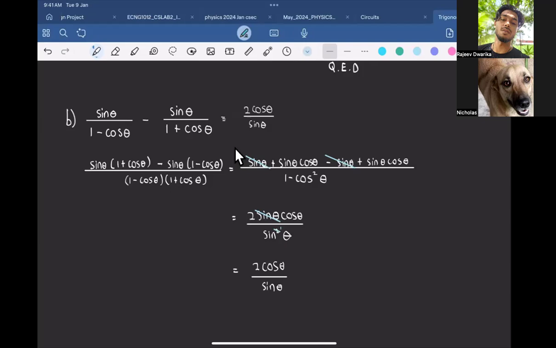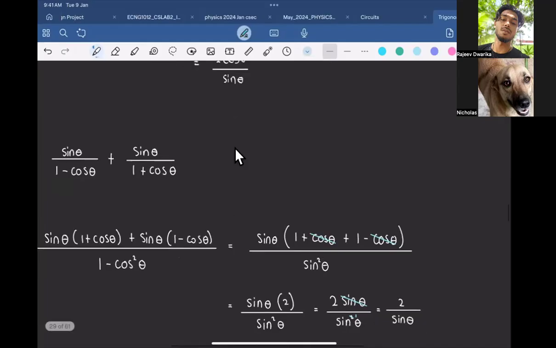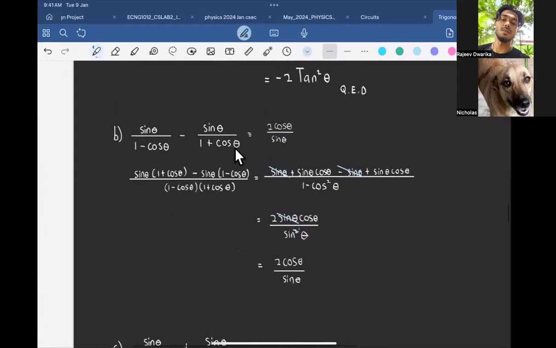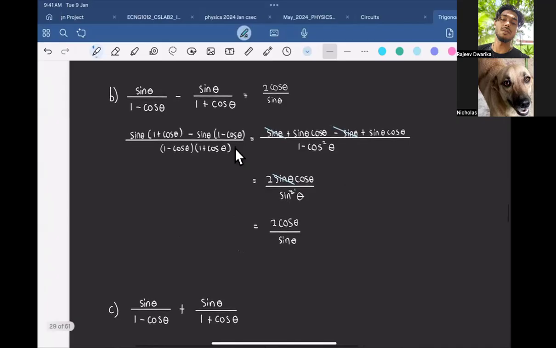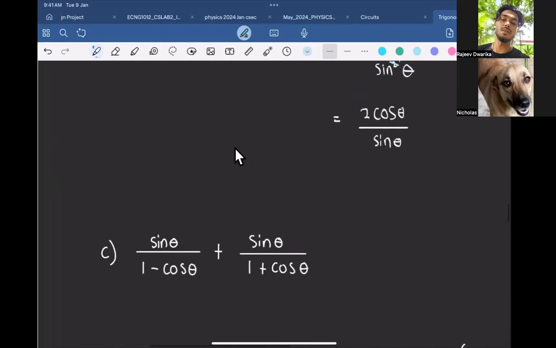As soon as you have that copy done, let me know. All right, see the next question. The next question, real easy, is the same thing. Why is it the same thing? Oh no, it's not. It's a plus in the middle.